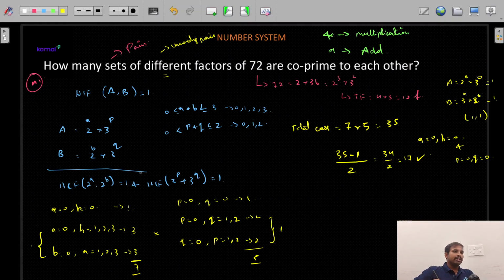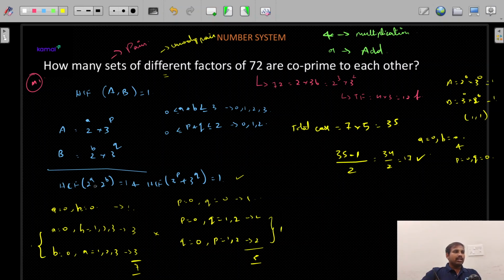That's the important case. The second thing is, I hope you understand everything about here. I'm assuming two different factors as A and B, and all the factors A and B are made by only two prime bases, 2 and 3, because 72 is made by 2 and 3. If it is made by three prime factors, we just need to take three. Based on the numbers only, you have to assume this first thing.